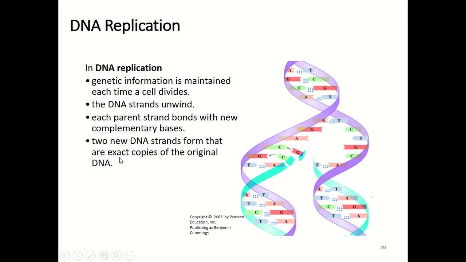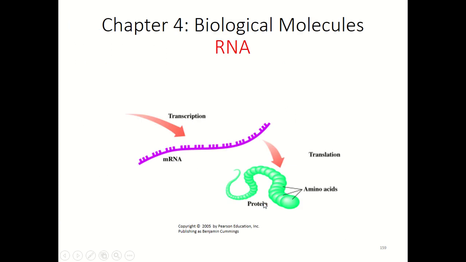So DNA is responsible for the DNA replication process, in which it is genetic information. This is the way for genetic information to be maintained each time the cell divides, in which when the double strands of DNA break and unwind, one strand will go for the process of transcription, meanwhile another strand will be used as a template for DNA replication.